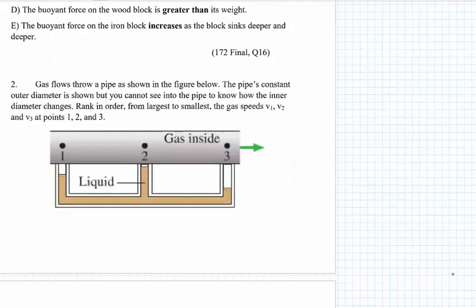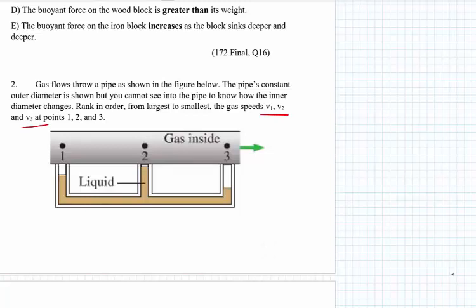Something similar here: gas flows through a pipe as shown in the figure below. The pipe's constant outer diameter is shown, but you cannot see into the pipe to know how the inner diameter changes. Rank in order from largest to smallest the gas speeds V1, V2, V3.